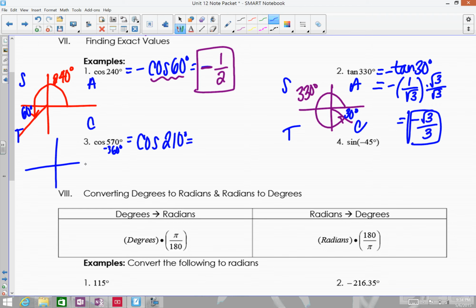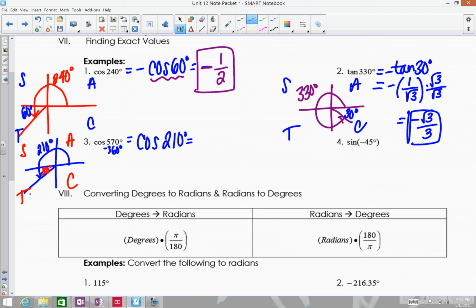So now that I get 210, I know that 210 ends up somewhere in the third quadrant. So if it's in the third quadrant, the reference angle you're going to find by doing 210 minus the 180, so we get 30. Then we have all students take calculus.